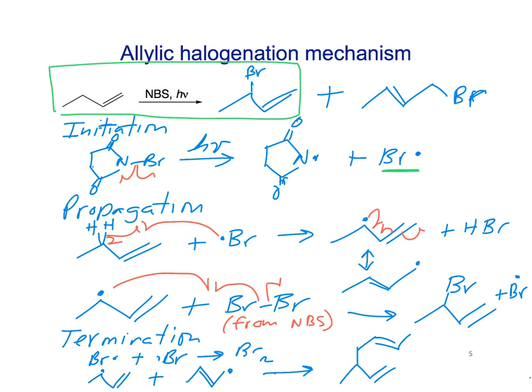Do we have any options to do allylic chlorination? I think the question was, could we do allylic chlorination as well? I think you can, with just a chlorine analog of NBS.